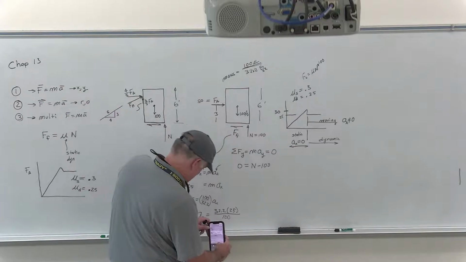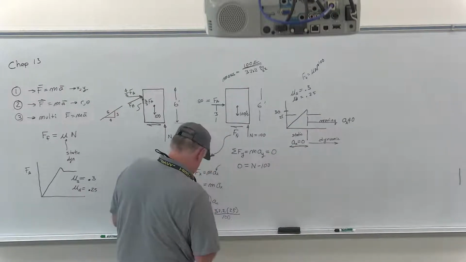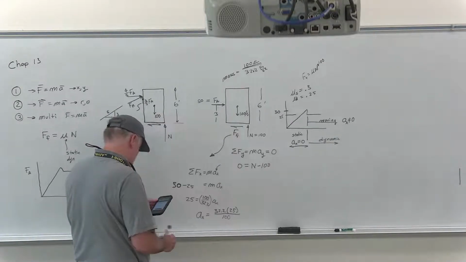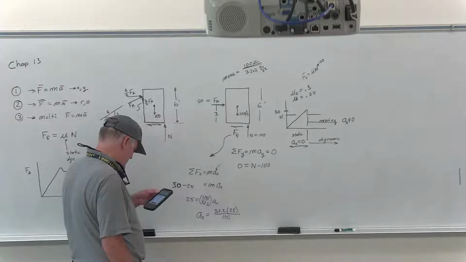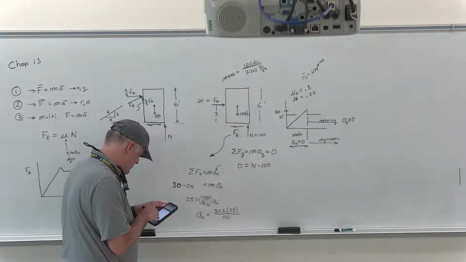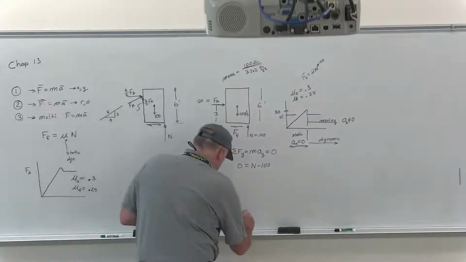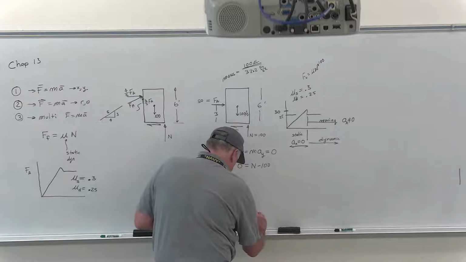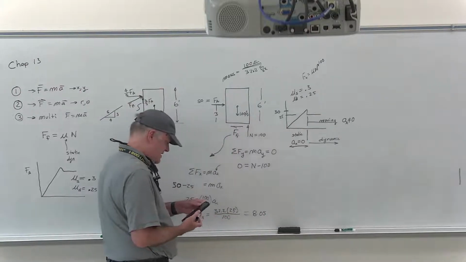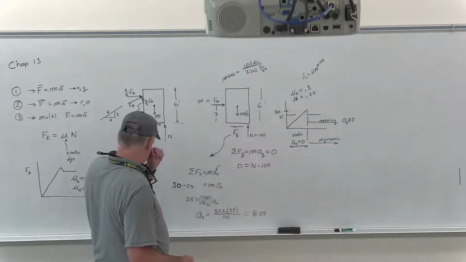And it kind of works as long as my handwriting is good. So it copied it down right. Then it did 160 over 20. And it's got two different possibilities. One is 8.05. It's just the way it was listed. And so my acceleration is 8.05.